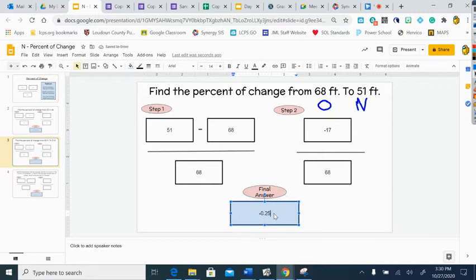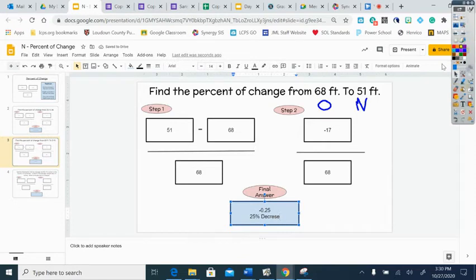But I wouldn't want to write it in there like that. I would have to make this 25% decrease. So you can't say negative. You shouldn't have a negative percent. Even if this was negative 0.25, we know that'd be 25%, but you can't say negative. So anytime you see this negative, just say decrease.